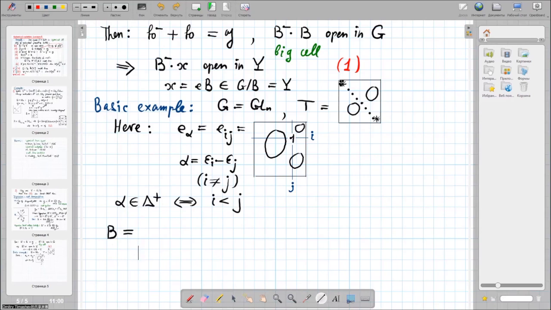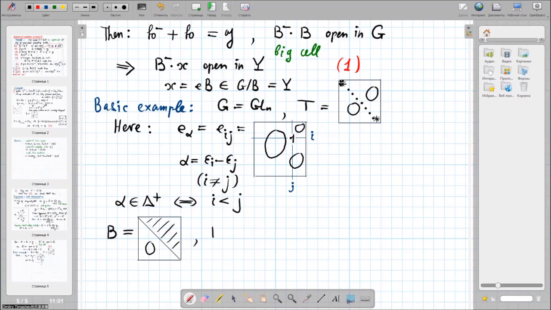Indeed, if you speak about the Lie algebra of B, it is the sum of the Lie algebra of diagonal matrices and all these root subspaces spanned by root vectors corresponding to the positive roots with i less than j. This means that the respective unity element is above the diagonal.